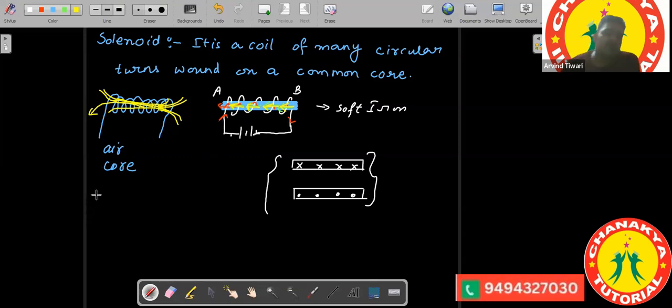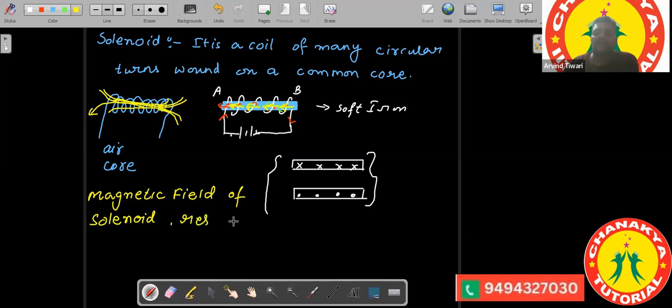We see here that the magnetic field of a solenoid resembles that of a bar magnet.